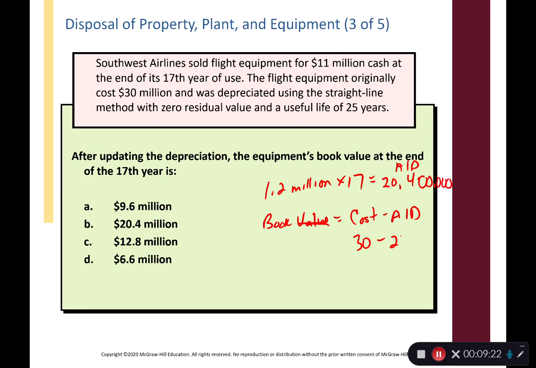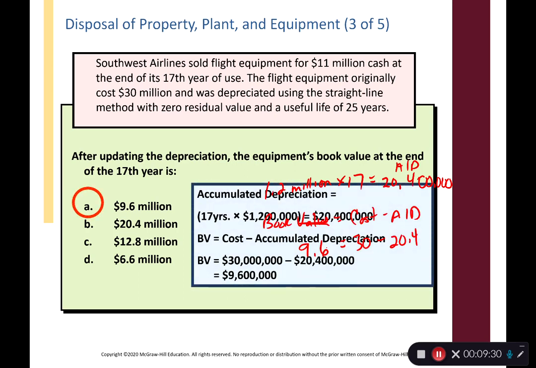And the accumulated is the 20.4, which leaves me with a book value of 9.6 million. So the correct answer to this, if I read it carefully, is A. The first thing we do is get our accumulated, which is that 20.4 million. Then we have to calculate our book value, which is the 30 million minus the 20.4 million, and that gets us the 9.6.